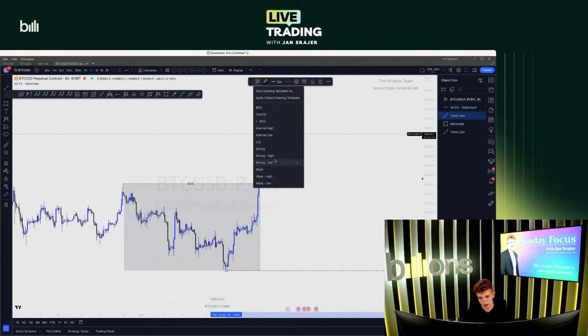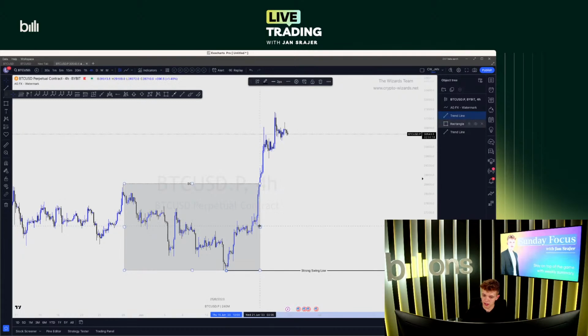Okay, this is really just a way you can mark out your structure and keep it as simple as possible, because there are multiple ways to mark out highs and lows. This is what I use, simply because I want to keep my chart as clean as possible. So we have the first level, that's it.